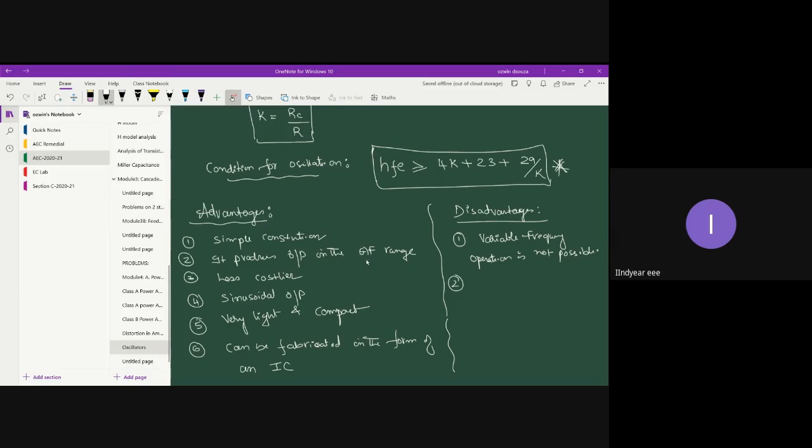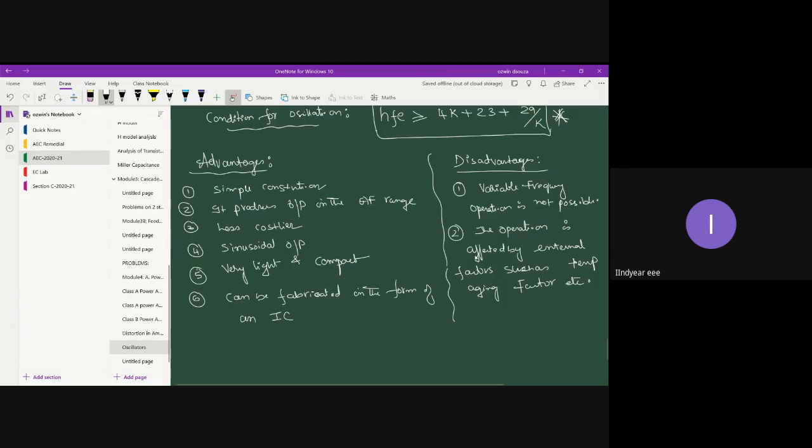The second disadvantage is that the operation is affected by external factors such as temperature, aging factor, etc. What are these external factors?